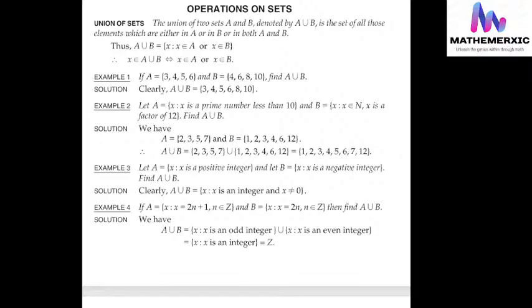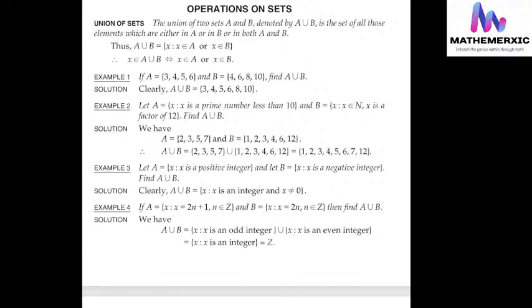The union of two sets A and B denoted by A union B is the set of all those elements which are either in A or B or in both A and B. The element can be in A or in B or in A and B both.